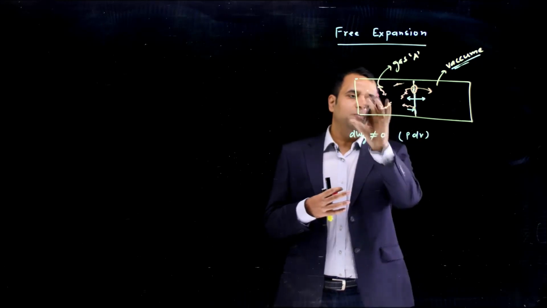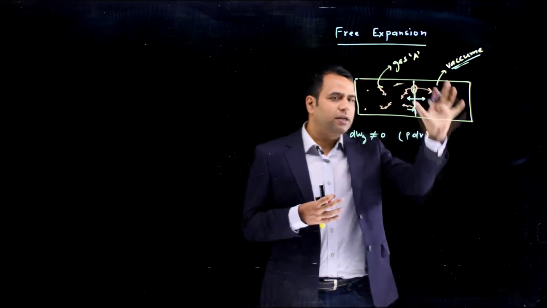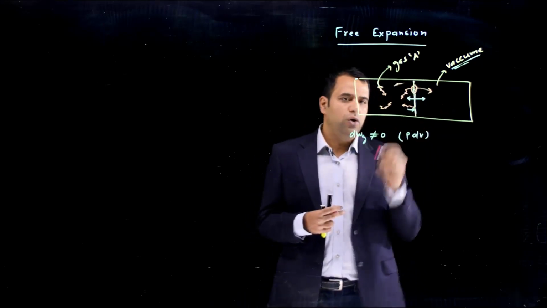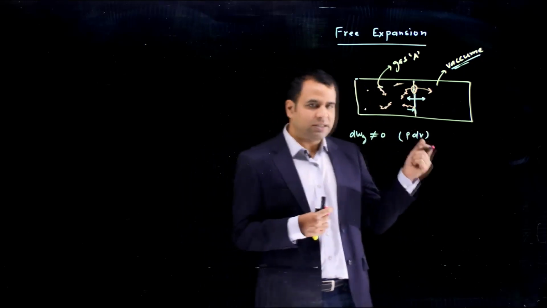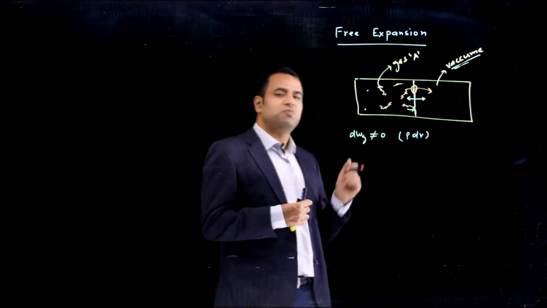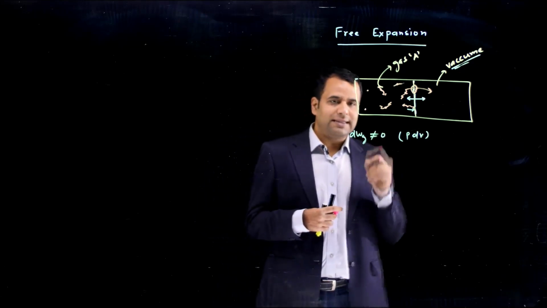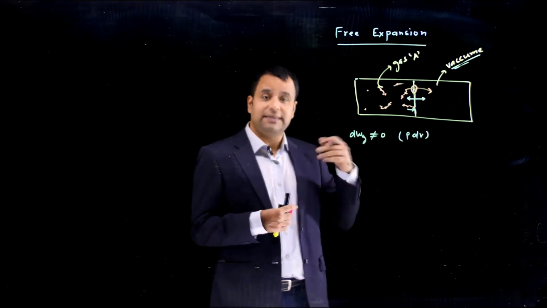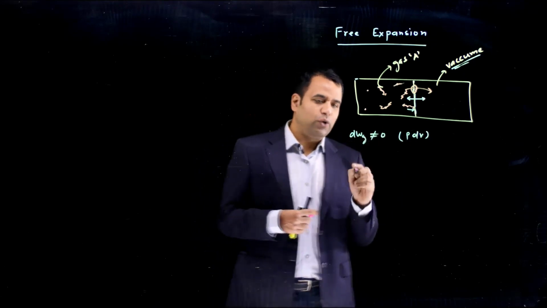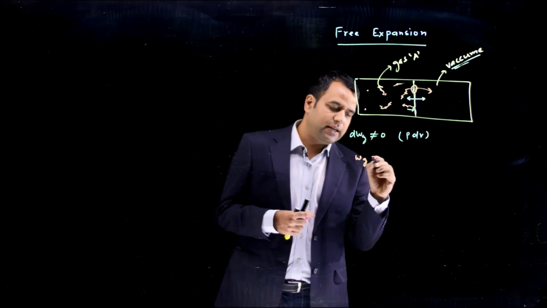So earlier the gas was moving in this volume only, now it will move in the complete volume, whether I create a hole or I completely remove the divider. So in this process, when the movement of the piston is not happening, but the elimination of the piston sort of a thing is happening, the volume available for the gas is increasing. Delta V is still non-zero. But when you calculate the work done by gas, that comes out to be zero.